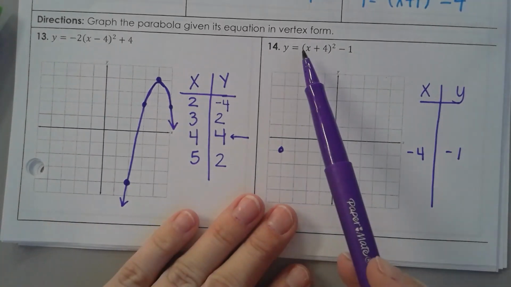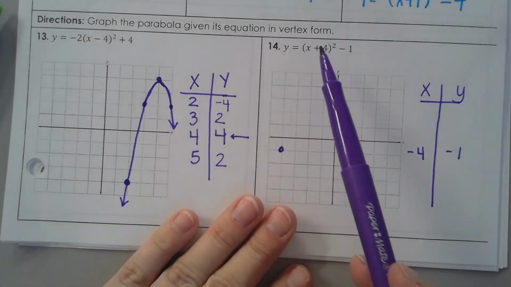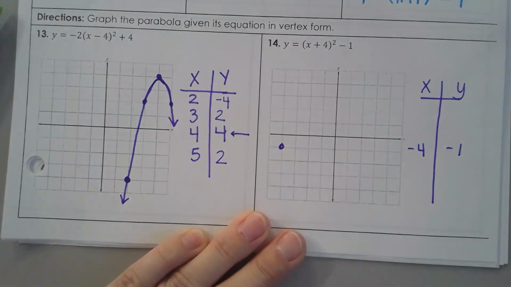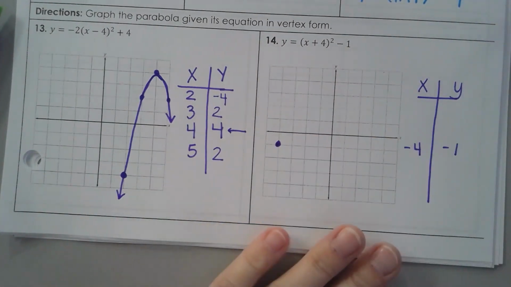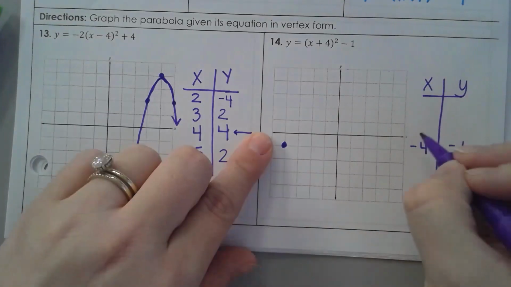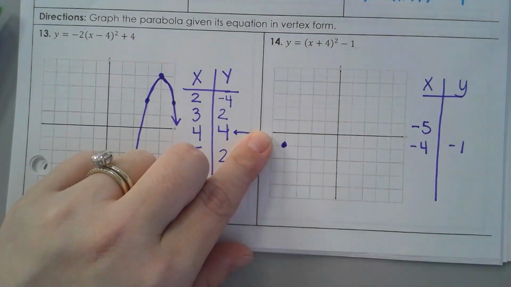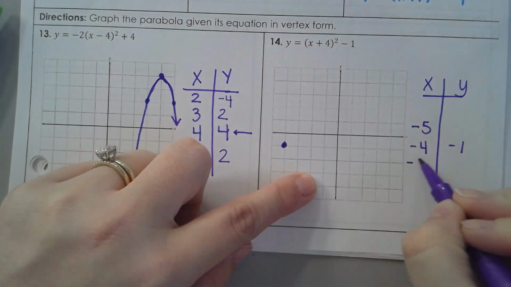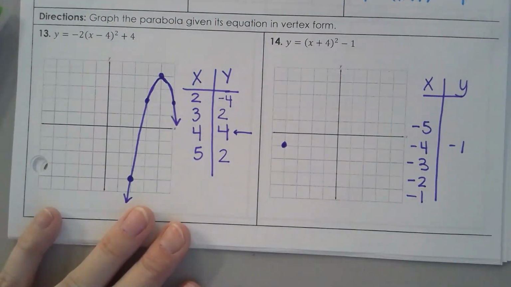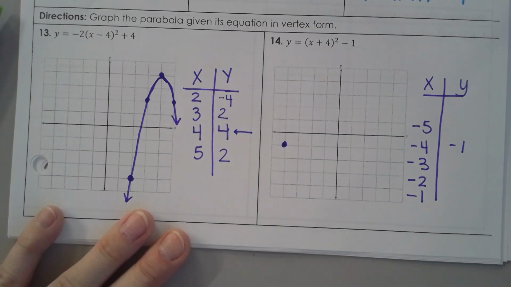On this one, I don't have a negative, so I assume it's positive, so the arrow should point up. If I go lower than -4, I can really only get 1 to fit. And then -3, -2, -1, I'll see if that many fit.